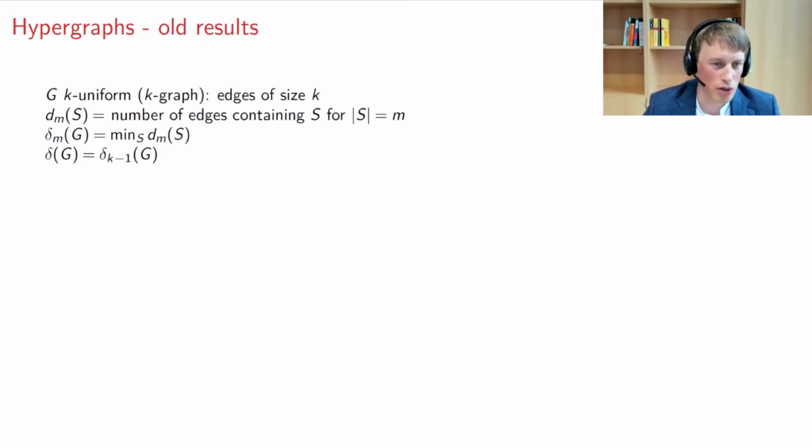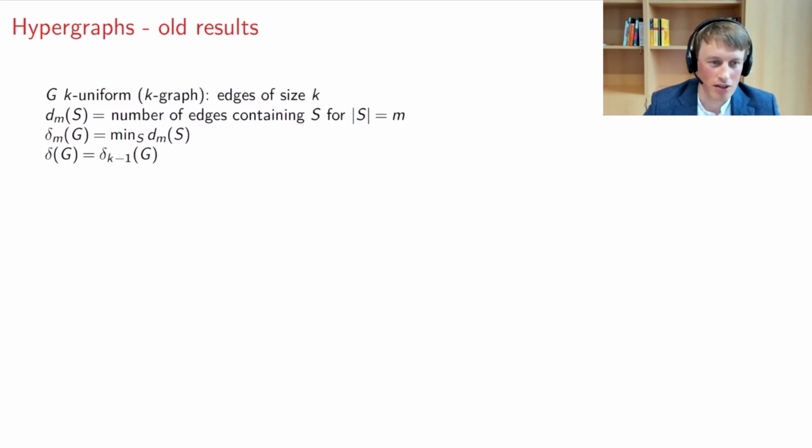One comment on this degree: how are these different degrees related? Let's say you have a lower bound on the minimum k-1 degree. It says that every k-1 set is contained in at least x edges. If you now have a set of size k-2, you can look at all its k-1 supersets, and for each you have a lower bound, and this directly gives you a lower bound for the k-2 set.